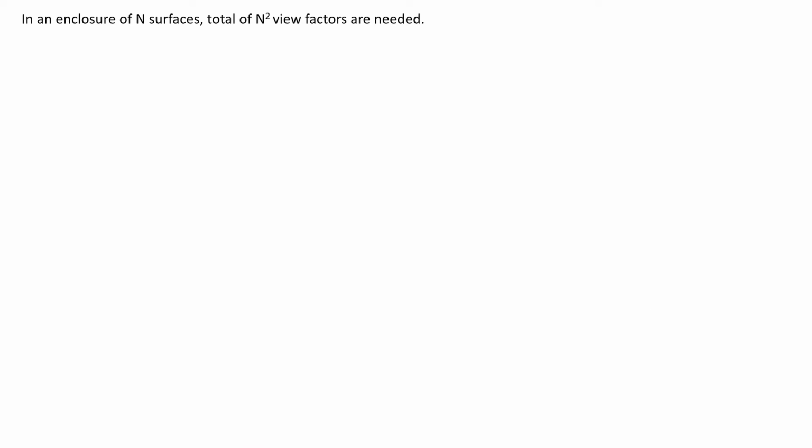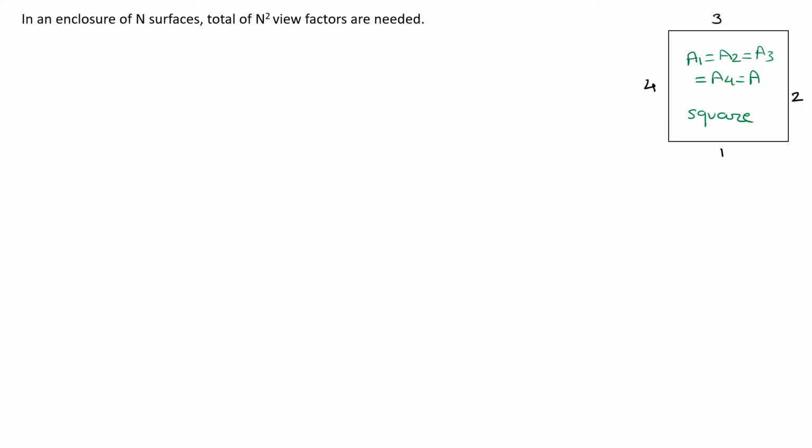Now let's say you have n enclosures or n surfaces. In that case you will need a total of n squared view factors. Let's see how. Let's take the example of the square enclosure again, and because it's square all the areas will be equal.